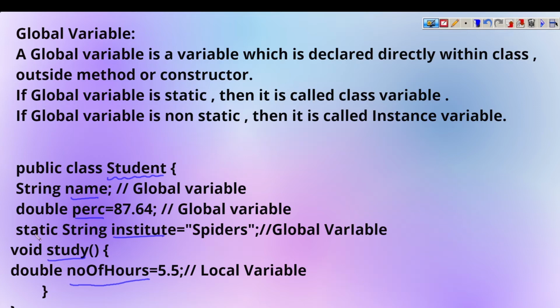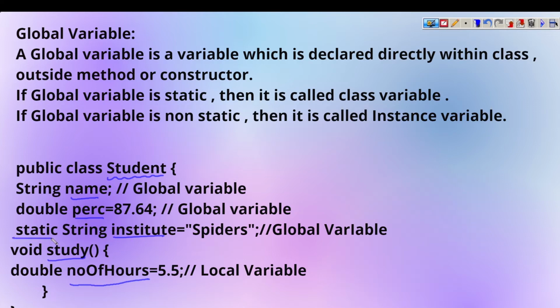Let us see the difference in the variables that are assigned here. The first ones will be the global variables, because a global variable is a variable which is declared directly within the class, outside a method or constructor. If a global variable is static, then it is called a class variable.